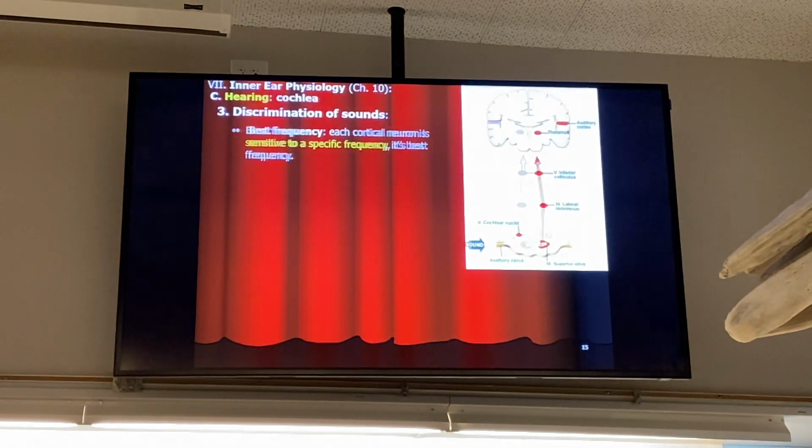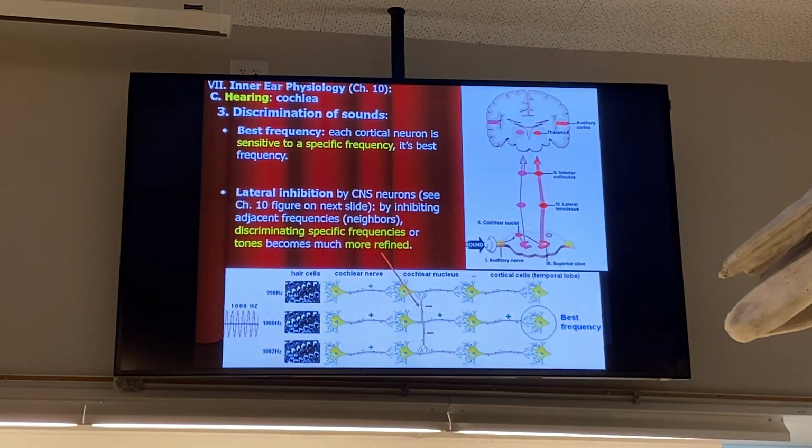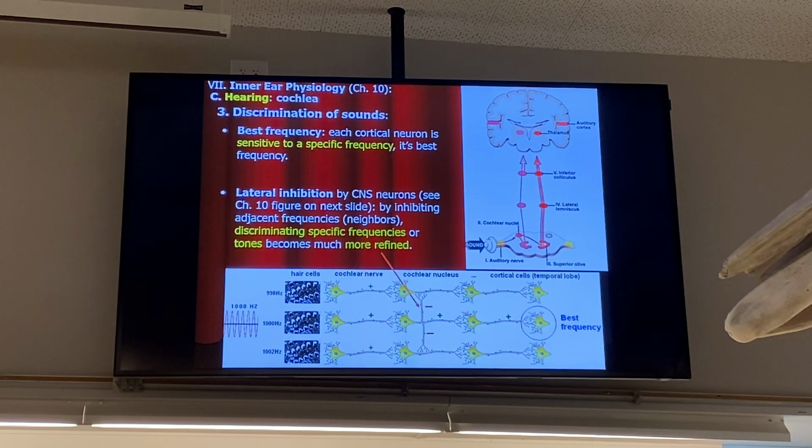Okay. Makes sense. All right, how do you discriminate sounds? Selective hearing. In your temporal lobe, there is one neuron for every frequency. You can actually hear and distinguish between very similar tones, but they are different neurons for different frequencies.